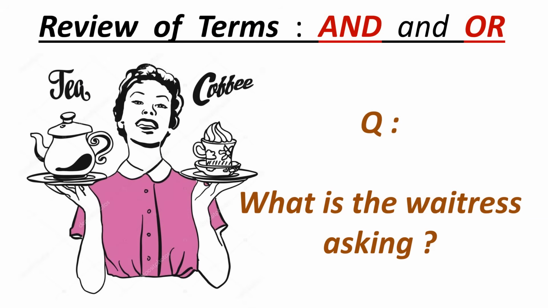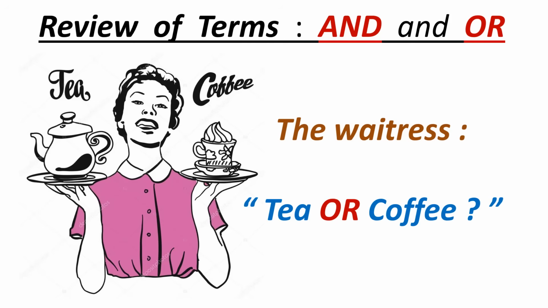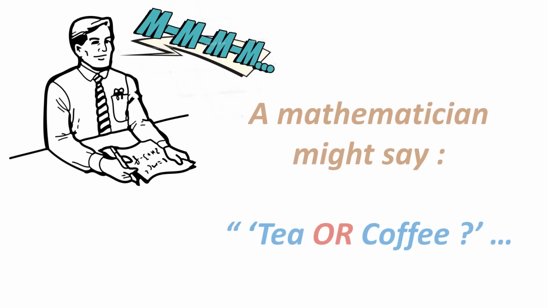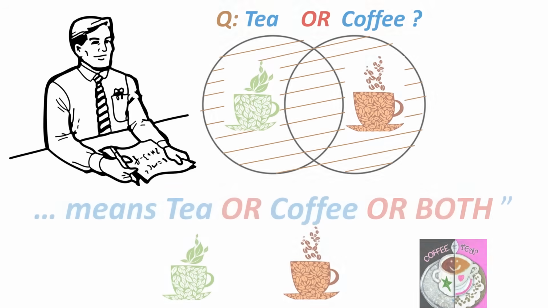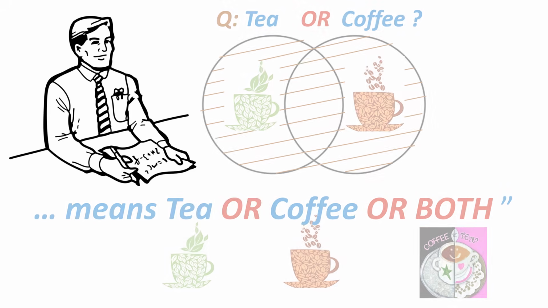First of all, I want to start with a review of and or. And here we have a waitress, and she's asking a question. And the question is, tea or coffee? Now, a mathematician, he might hear that and say, well, tea or coffee really means tea or coffee or both.